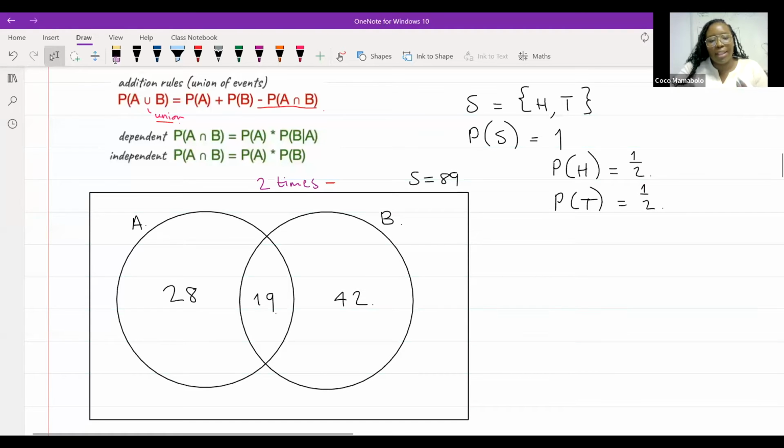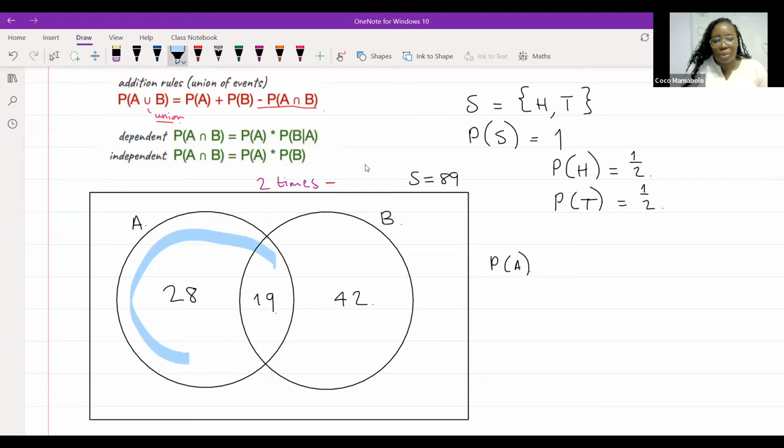Okay, so guys, let's take this example that I've written over here, and I want you to calculate the probability of A. How many numbers do we have in A? Correct, complementary events add up to 1.